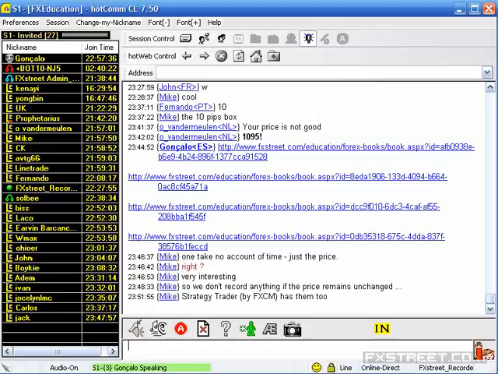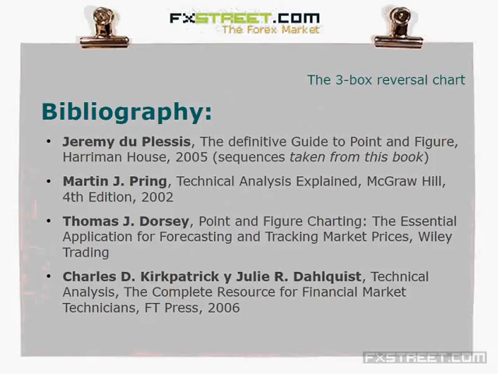Here you just change the parameters: instead of a 20 pip box, you work with a 15 or 10 pip box and change the reversal from 5 to 3, and you already have a more sensitive chart. As we will see in further webinars, there are a lot of patterns that can be identified in point and figure, which can be capitalized upon. You can also measure price objectives and so on.